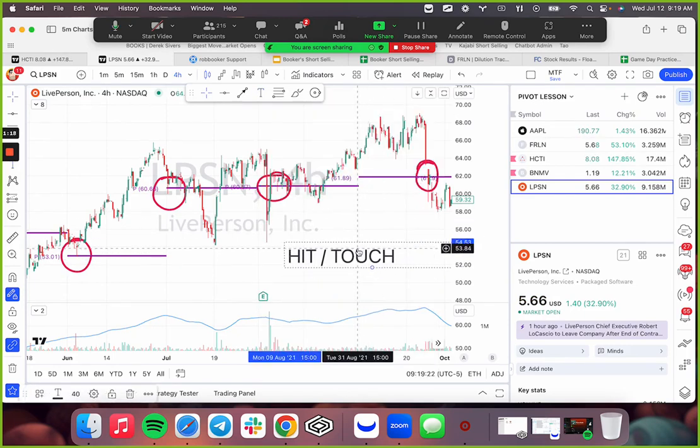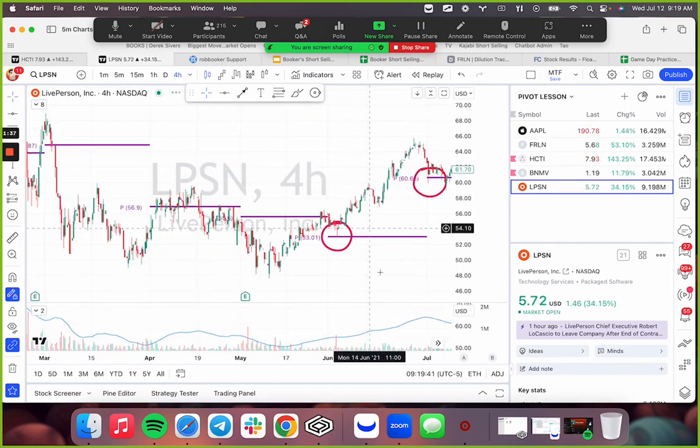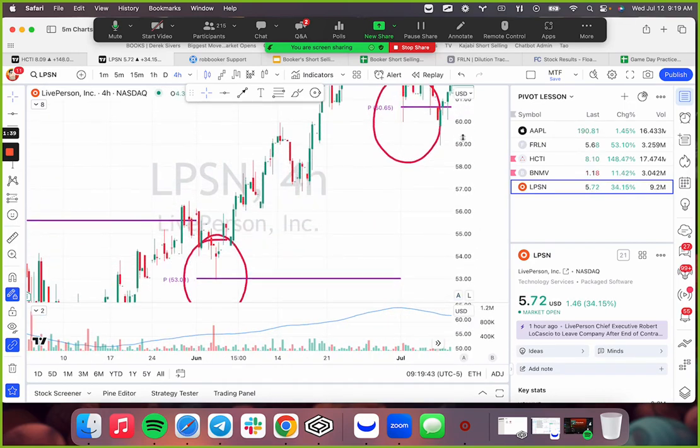And when I use these words, what I'm referring to is price action or a candle reaching to or touching the pivot point, the actual horizontal level. Now, I mean actually touching it. I don't mean like 1 cent away from it and almost touching it. I mean it has to actually hit it. So hit and touch are going to be synonymous.